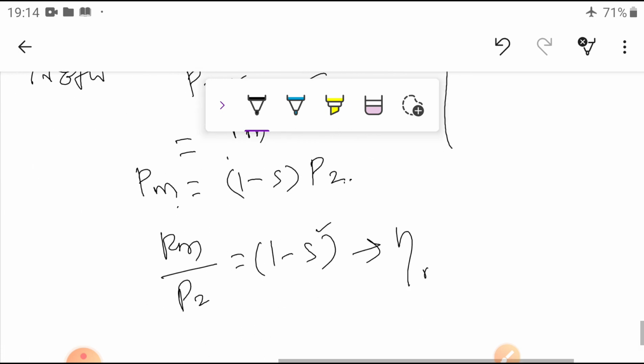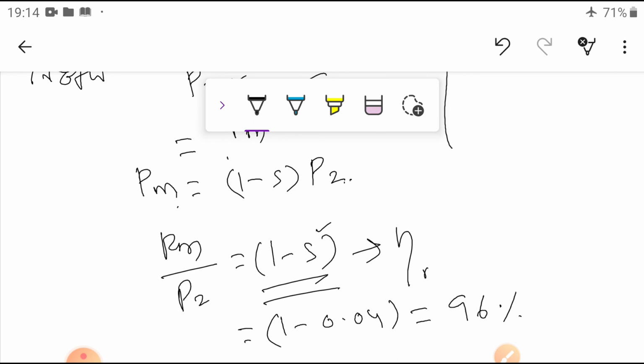So what percentage are we going to get here? 1 minus 0.04, so nearly 96%. Rotor efficiency is 96%.